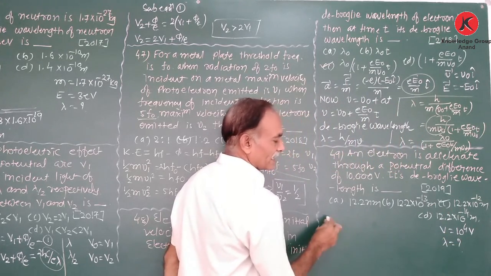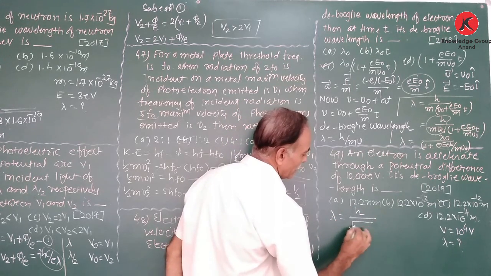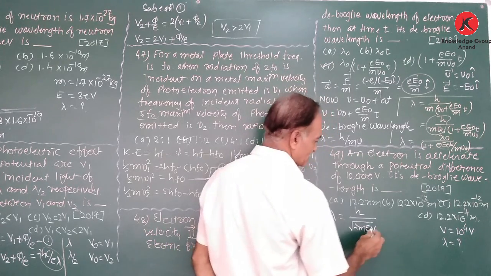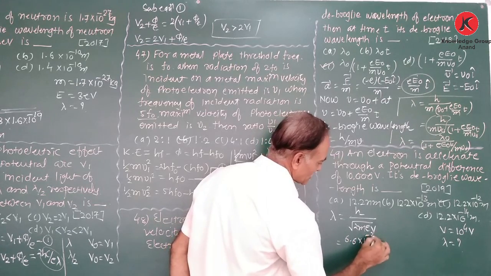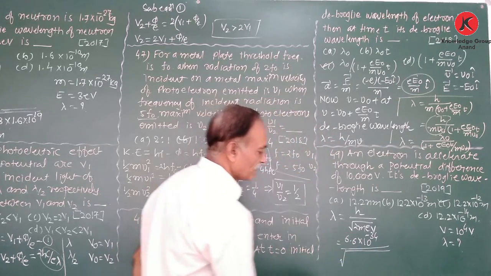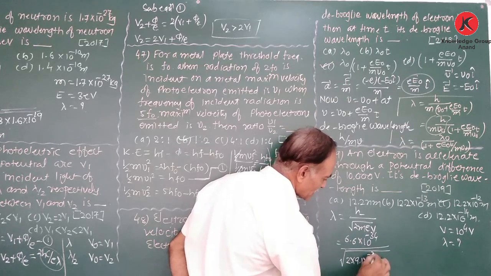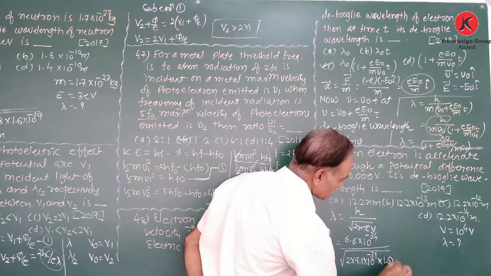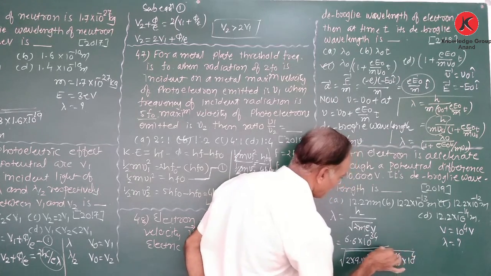Now we know that the equation of the de Broglie wavelength is h upon under root of 2m e V. h is 6.6 into 10^-34 upon under root of 2 into the electron mass 9.1 into 10^-31, into the charge of an electron 1.6 into 10^-19, into 10^4, that is the applied potential.